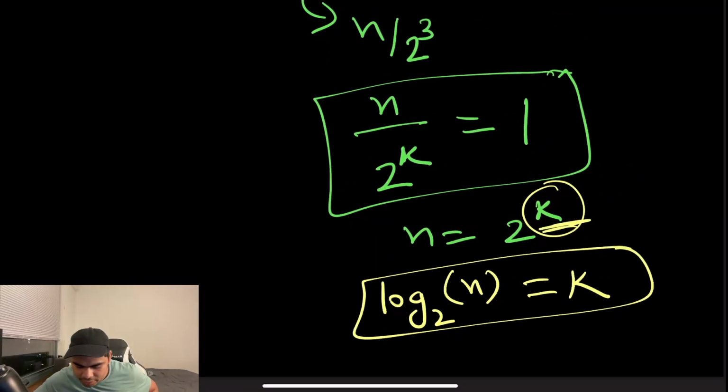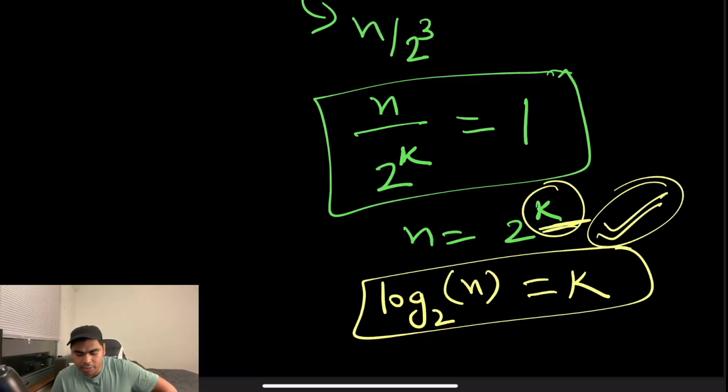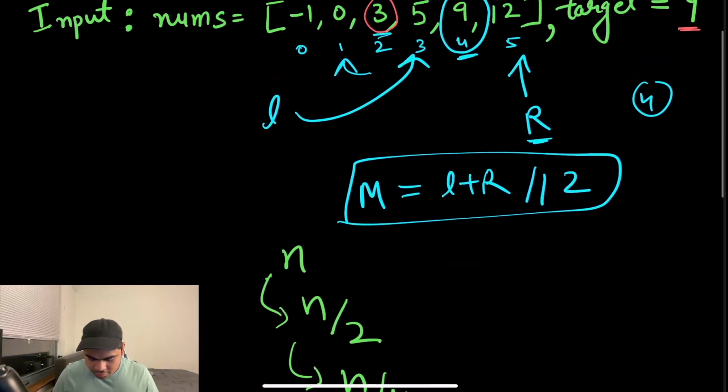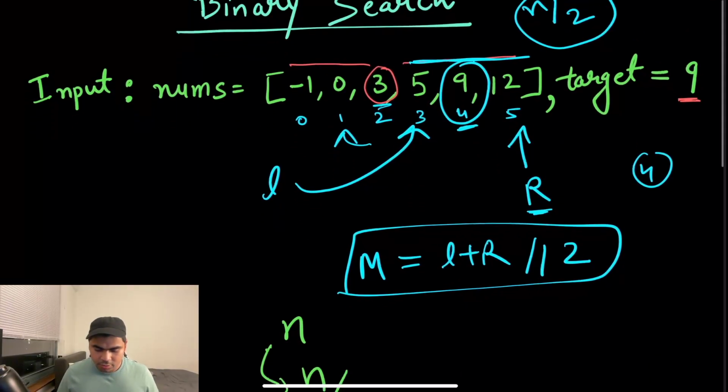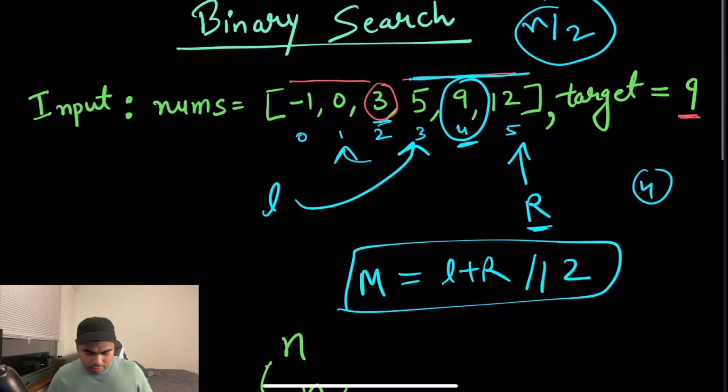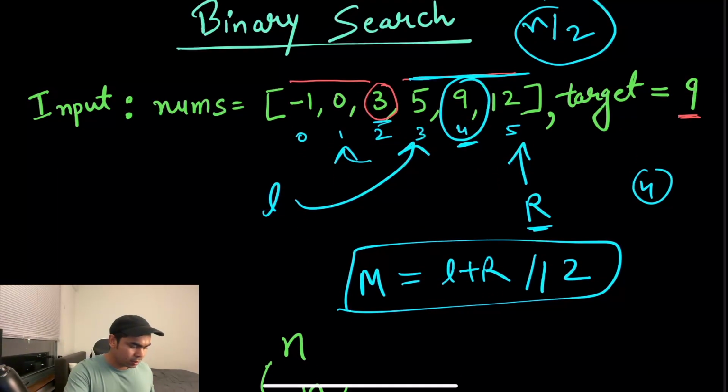I think this is self-explanatory. If you have studied logarithmic calculations, then you would know. I think now it's self-explanatory why we have a time complexity of big O of log n.